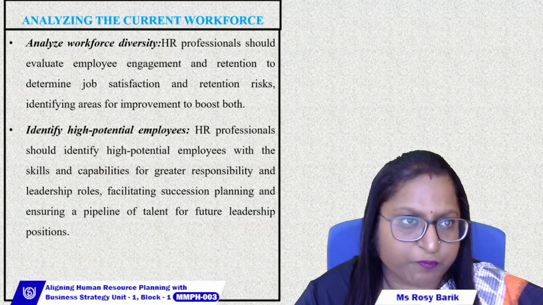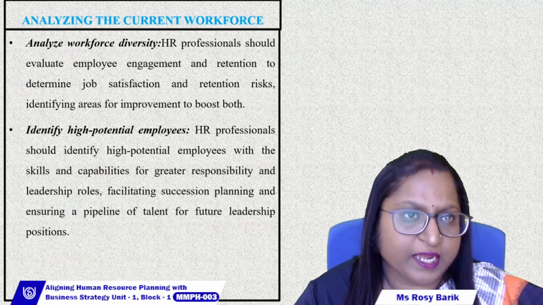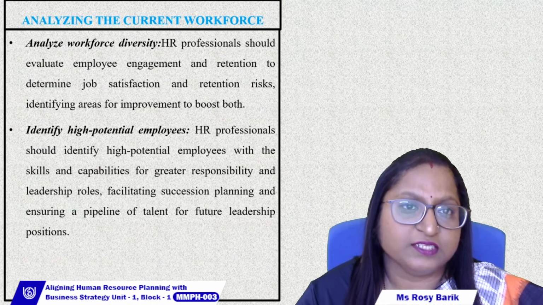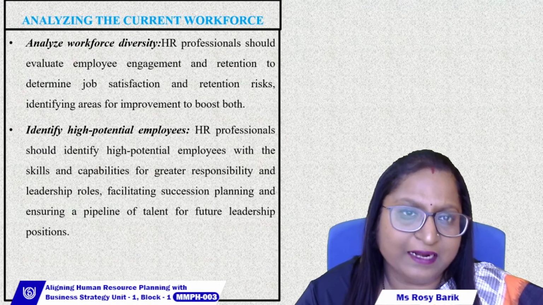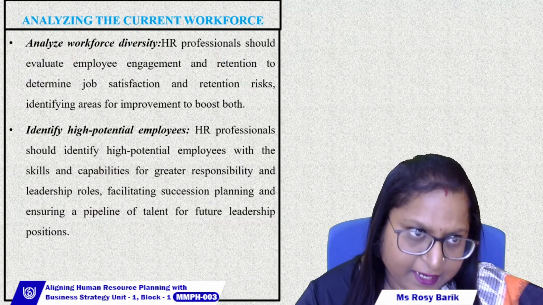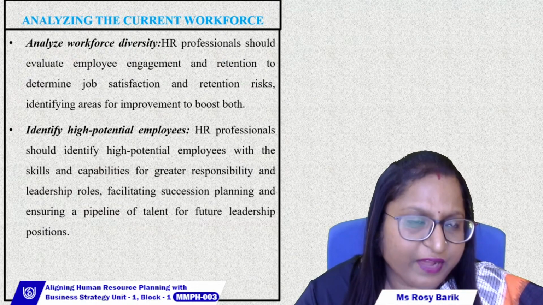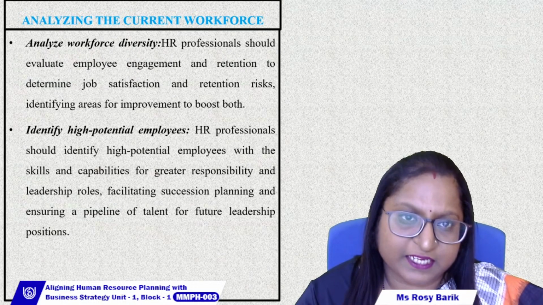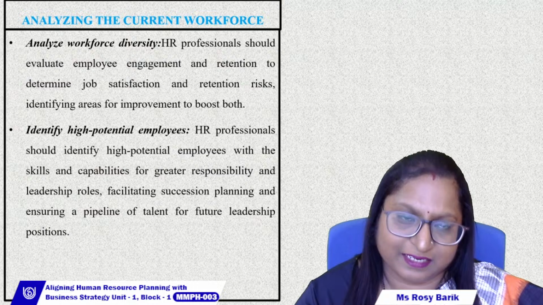Here, the HR professionals should evaluate employee engagement and retention to determine job satisfaction and retention risks. So it identifies the areas for improvement to boost job satisfaction and reduce retention risks.